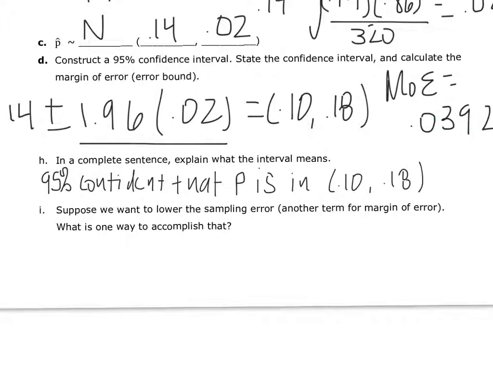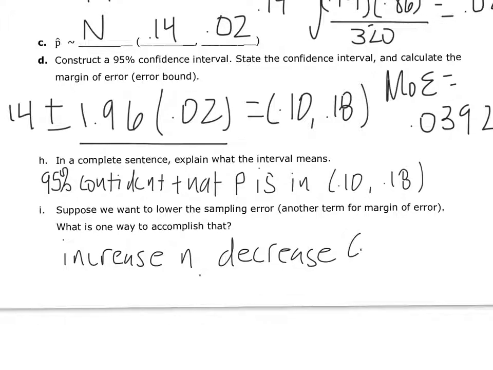So the ways that we can do that are either to increase n, increase the sample size, or the other way is to decrease the confidence level.